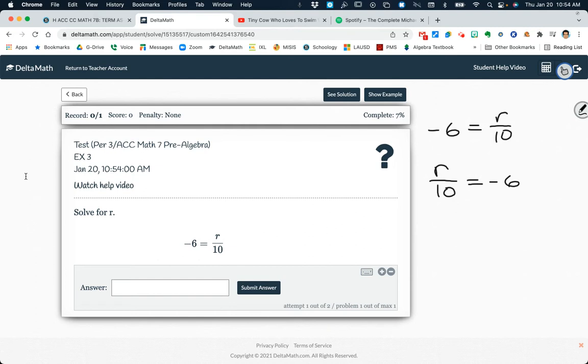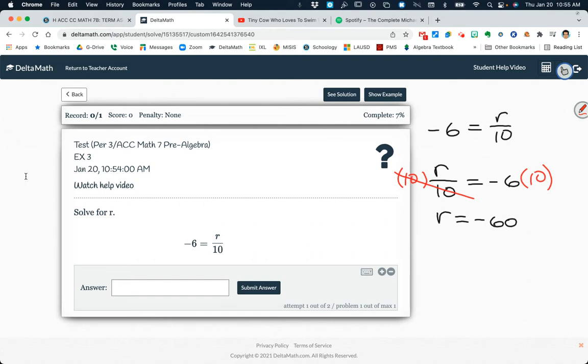You can do that. So, okay, Juan, tell me, what do I have to do algebraically to get that negative 60? So you multiply negative 6 times 10. Okay, that's going to give me negative 60.